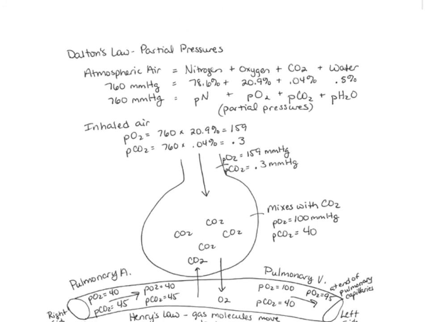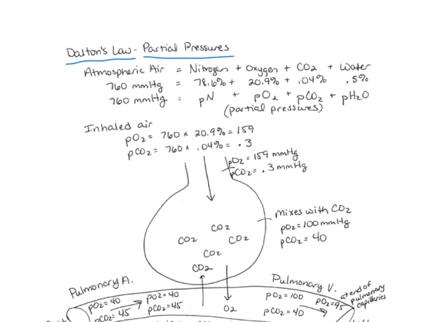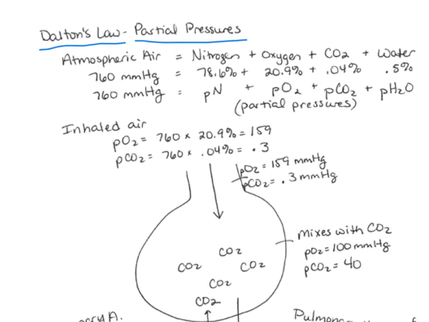Some other laws that we have to talk about. First law is Dalton's Law of partial pressures. What Dalton's Law says is that, like we've been saying, the atmospheric air has a pressure of 760 millimeters of mercury. And the pressure in this air is made up from different types of gases.